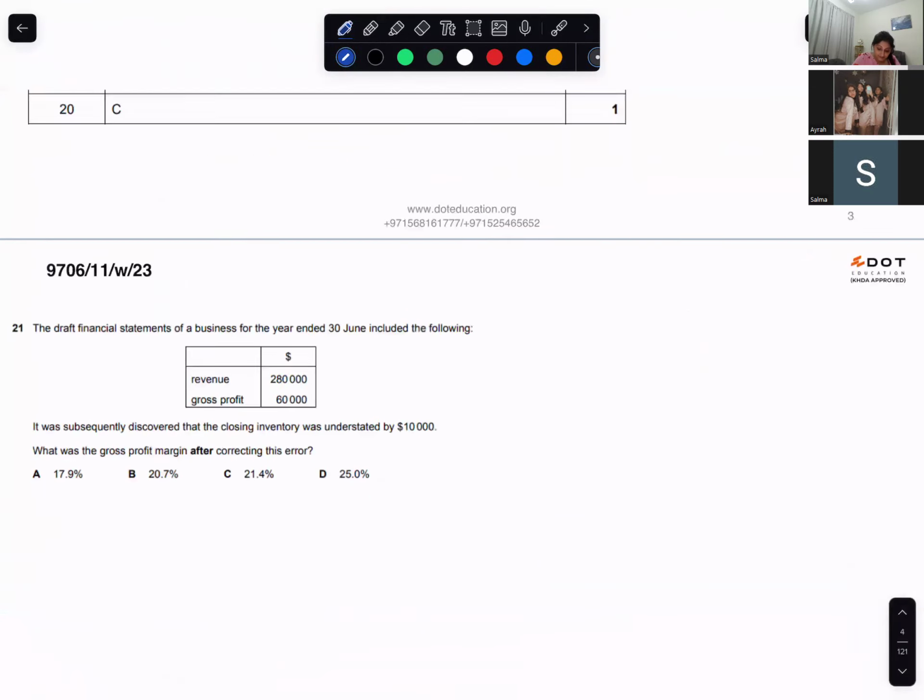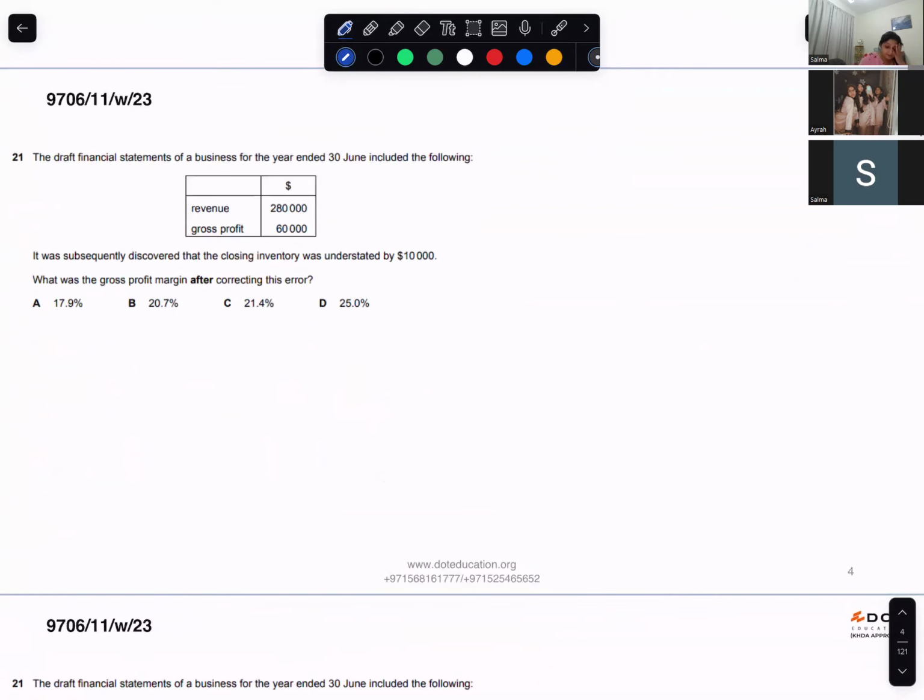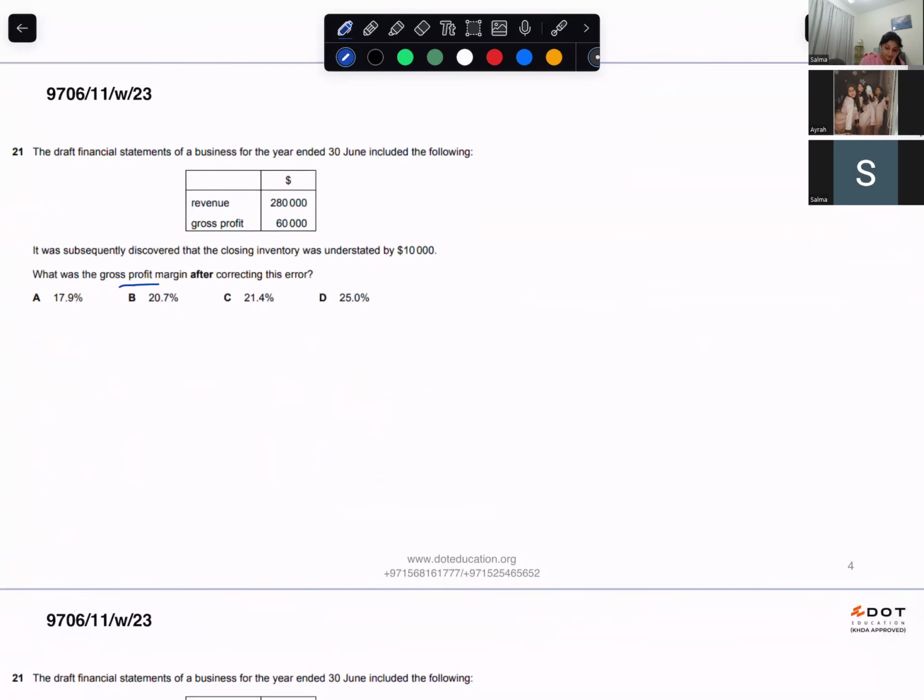What do they want? They want the profit margin after correcting an error. The draft financial statements of a business for the year ended 30th June included the following. Closing inventory was understated, which means income was understated. If I correct the error, I have to add back to the income.